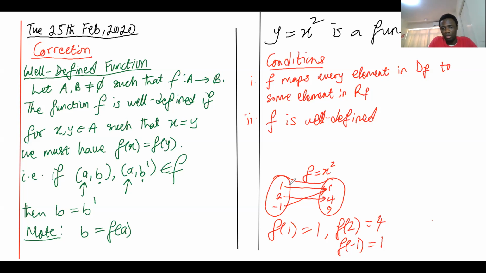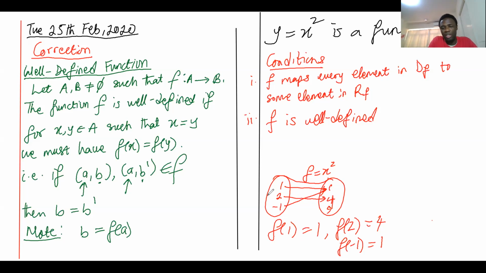So, of course, it means that no two images here can be linked to this part. Can you see? So look at 1 and 4, 1 and 9, 4 and 9. No two that I pick here can be linked to the same X in this part. That is the well-defined.